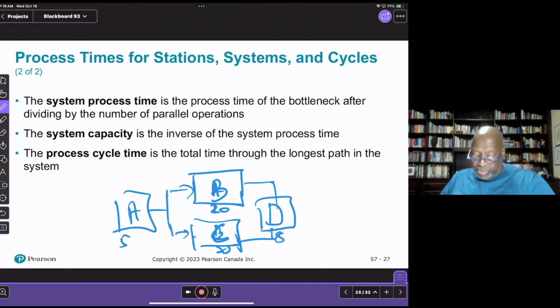So B is a bottleneck operation, C is a bottleneck operation, 20.